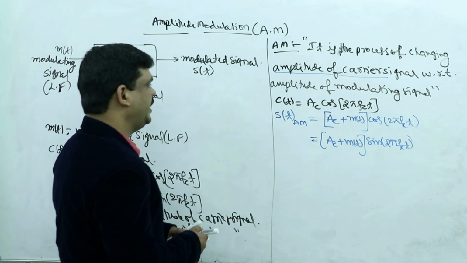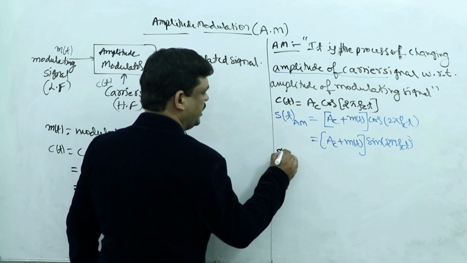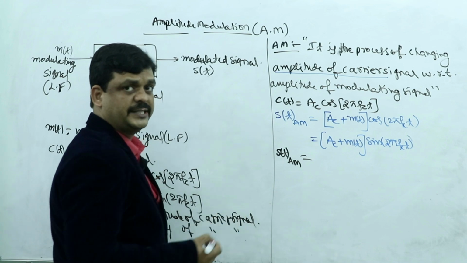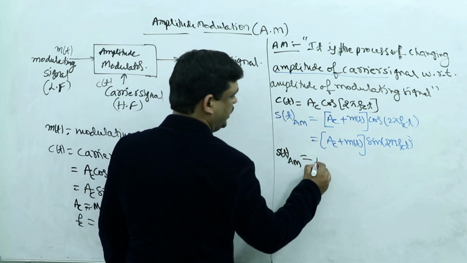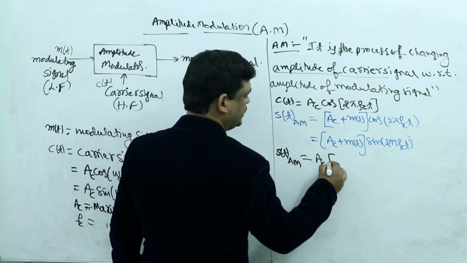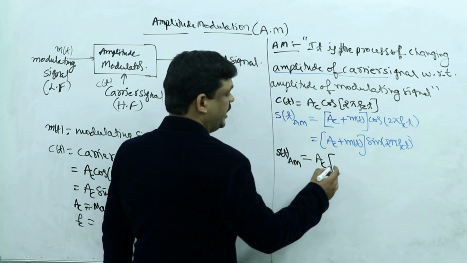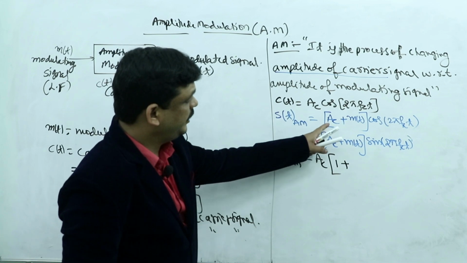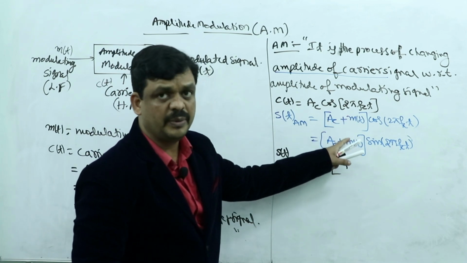Then I want to write it in the standard format here. So the standard format is like this. The AM modulated signal output is, I am taking AC outside here. AC is outside, so then immediately it gives 1 plus. Here if you take AC outside, then it becomes 1 by AC.